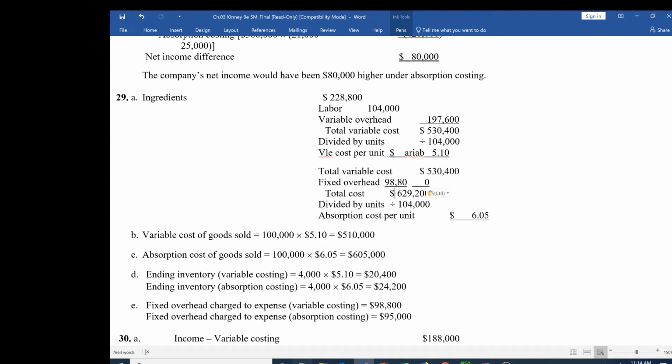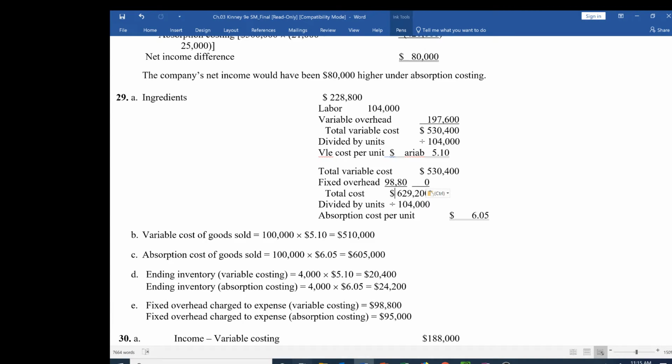They left off a zero way over here, but it's 98.8. Here's your zero. And it's the same thing. How do you get to 95? We calculated that, didn't we? By the difference in the units.